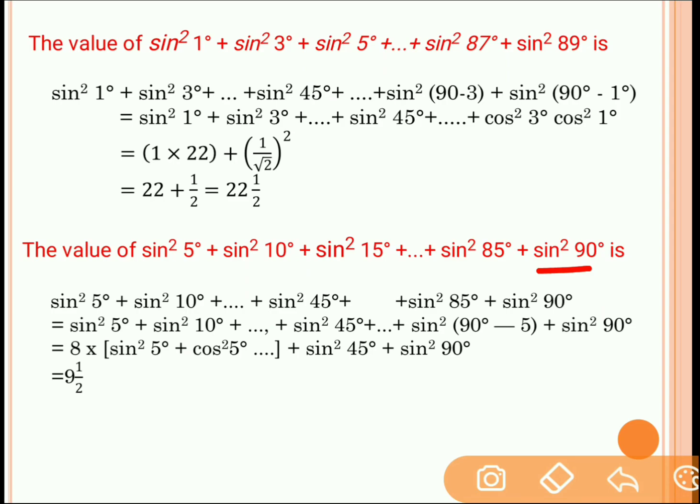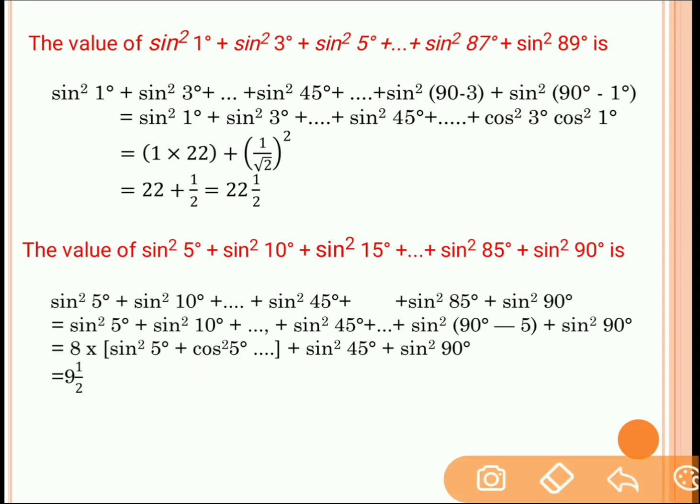Then we can form the complementary pair, that is sin square 5 and sin square 85. 85 can be written as 90 minus 5, and sin 90 minus 5 can be written as cos 5. So sin square 5 plus cos square 5, the value of that is equal to 1, because it is the identity sin square theta plus cos square theta equal to 1. So how many pairs will there be over here?